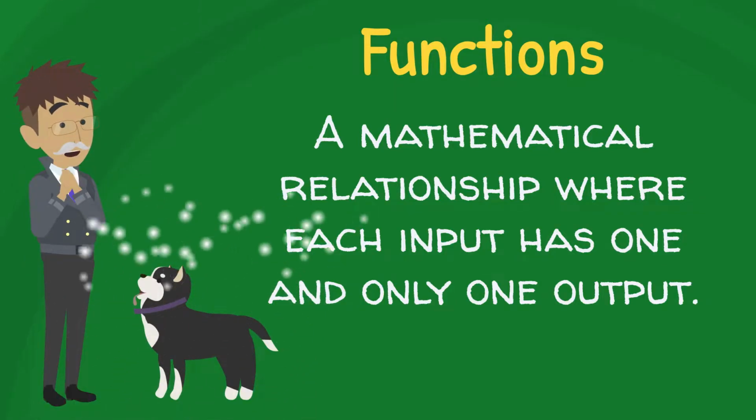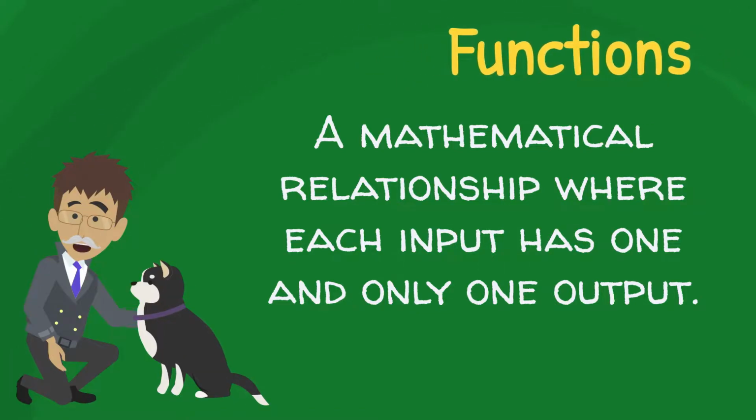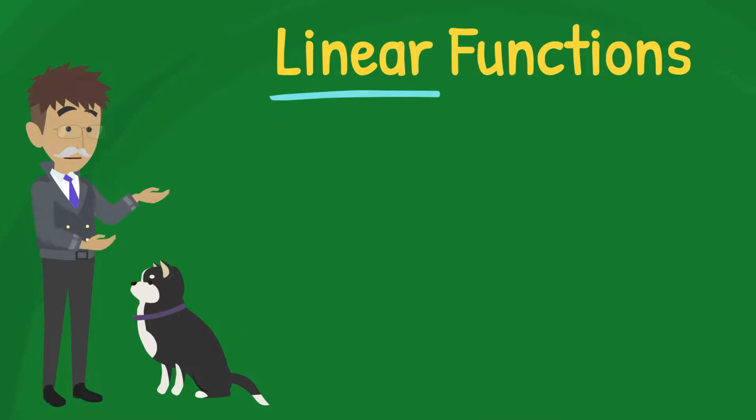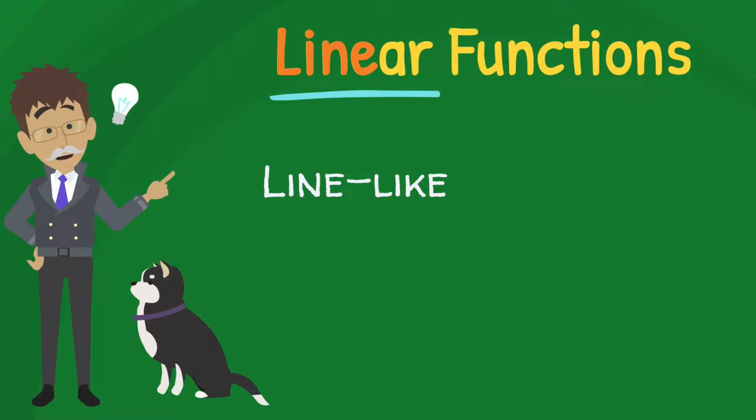Today, my dog Random will help me explain the characteristics of linear functions. Linear functions often begin a student's exploration of mathematical relationships and their representations. The word linear means line like. You can see the word line in linear. In mathematics, a line is special.